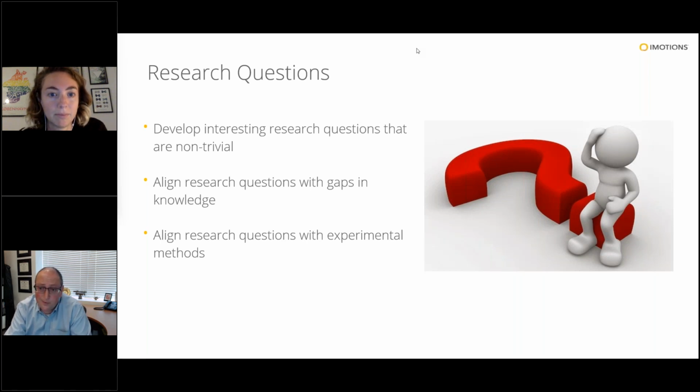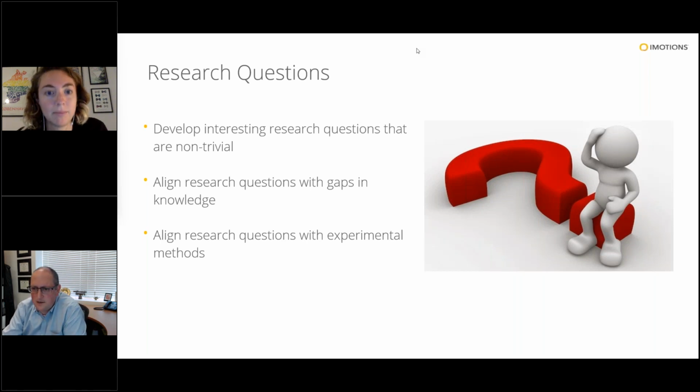When we develop those questions, we really want to be thoughtful about aligning them with gaps in knowledge. There is value in reproducing the research of others. I also think there's value in negative findings, but gosh, if we can better align our work with gaps in knowledge that have real relevance either to the research endeavor or to practicing professionals, we increase the likelihood that people are going to be interested in our work.